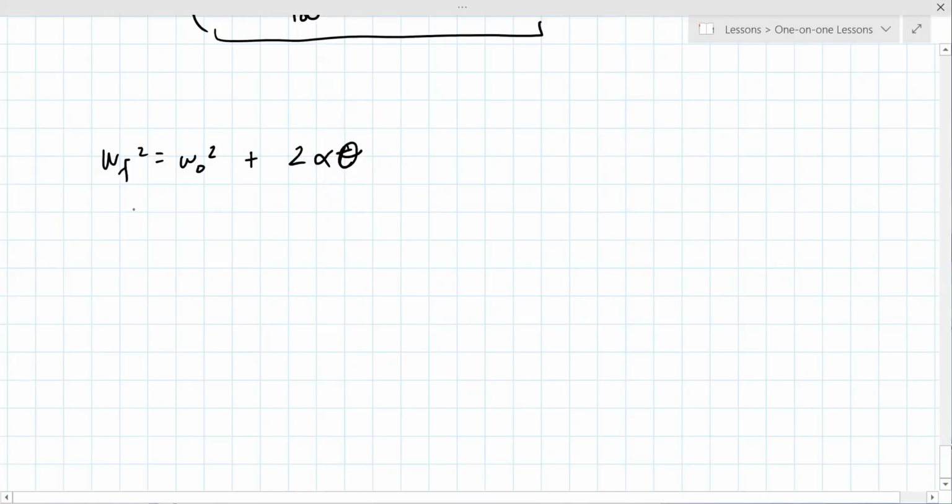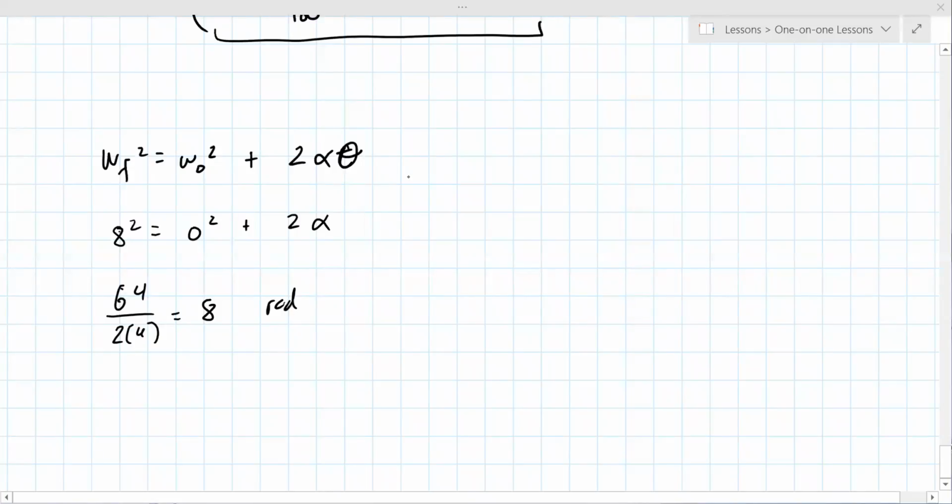So omega final was 8 squared, 0 squared plus 2 alpha. So that's 64 divided by 2 alpha. Alpha was 4, so that's 8 radians. 8 times 180 over pi is 458. Is that what you said?